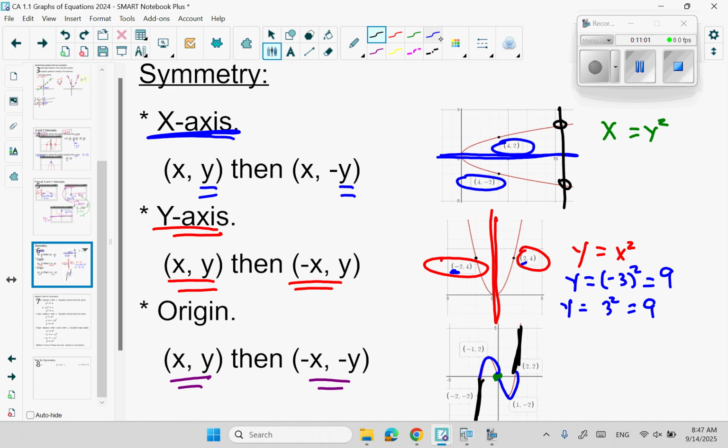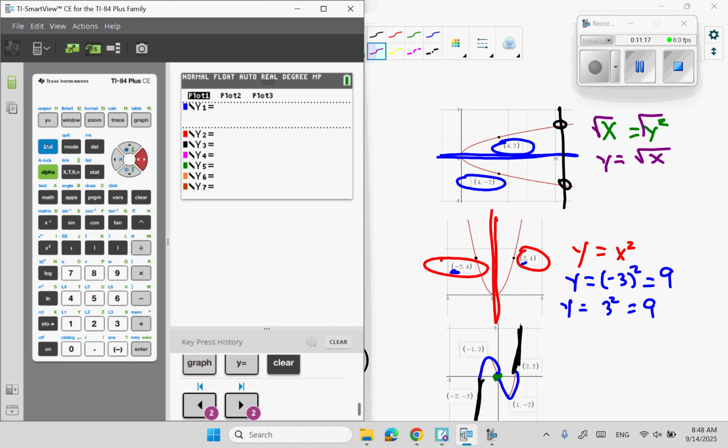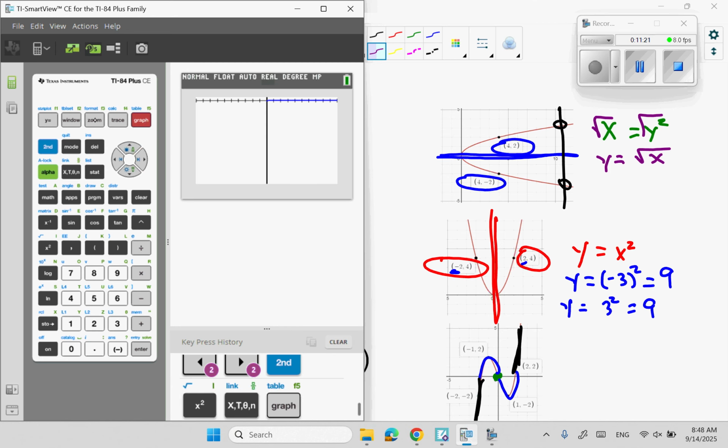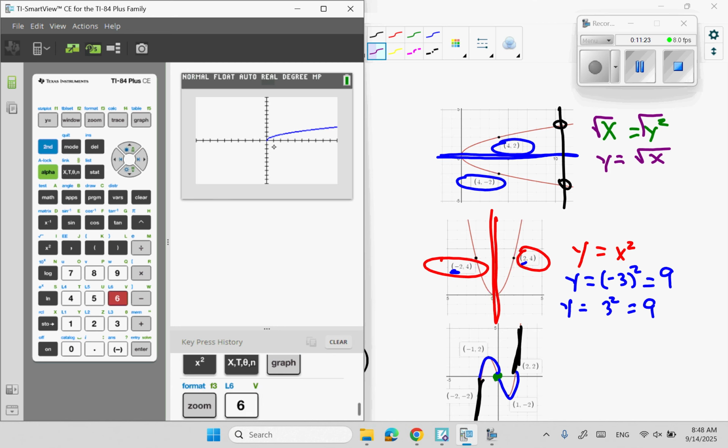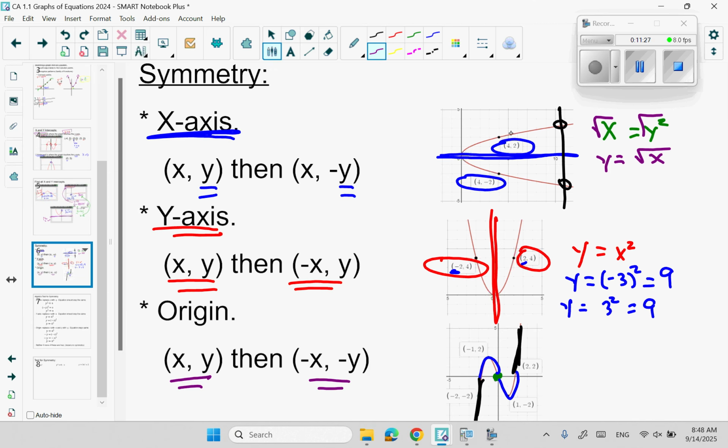So what we have to do is, one, solve for y. So how would I get y by itself here? Well, naturally, we would square root both sides. So we get y equals the square root of x. But if I graph y equals the square root of x, I'm in a bad window, zoom 6, I get the top half of it. I just get this part right here.